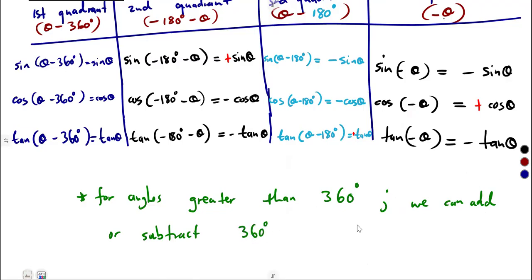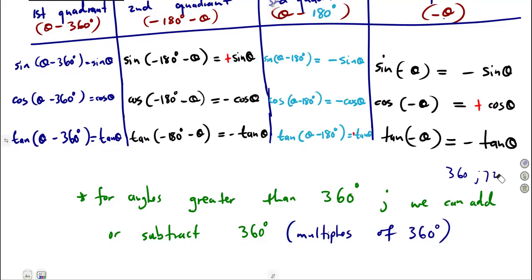In actual sense, you must consider multiples of 360 degrees. Maybe we have a bigger angle. You just try multiples of 360, 720, and so on, by multiplying 360 by any whole number that you're given.